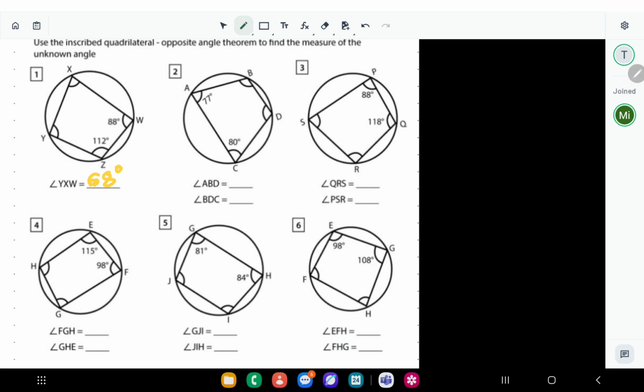Two angles. Angle X is opposite to angle Z, which is 112 degrees. Maybe you were supposed to be asked the measure of this angle XYW. They just missed it, right, Troy? Because in the rest of the problems you were asked to solve for two angles.